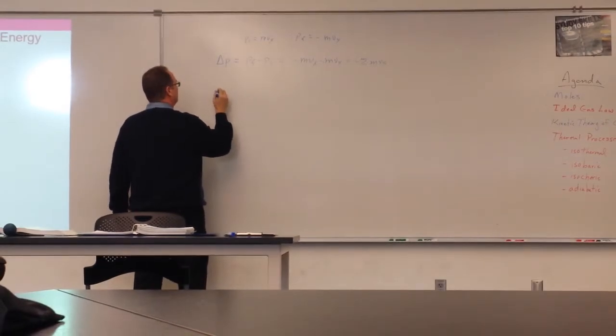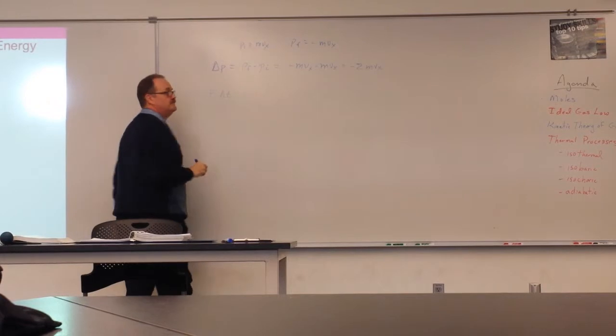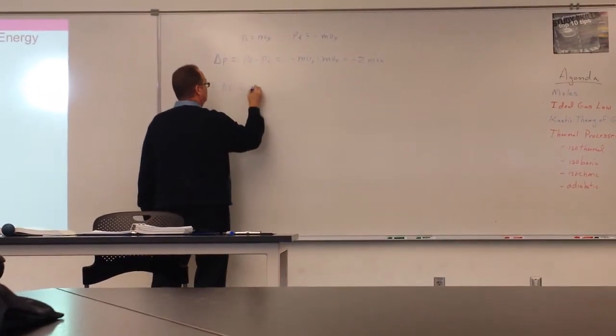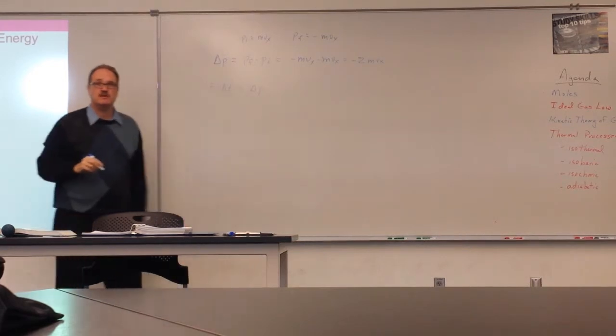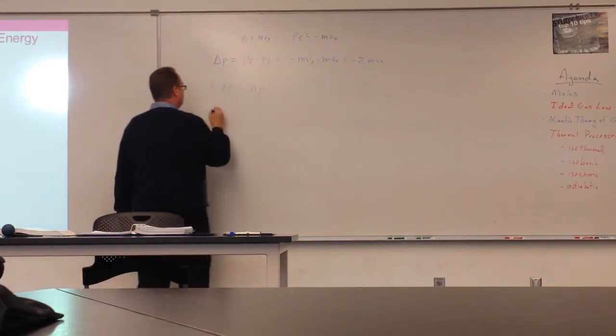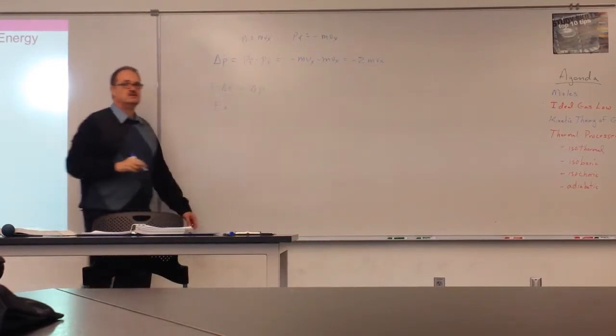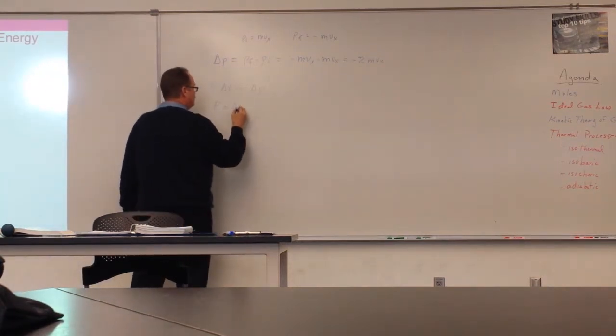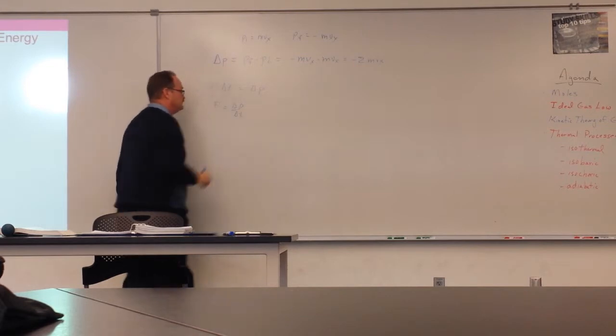Now, remember, that's caused by an impulse, F delta t. Force times time is equal to the change in momentum. That's the impulse momentum theorem. So I can figure out the force that the wall exerted on the ball, which is the change in momentum over the change in time.